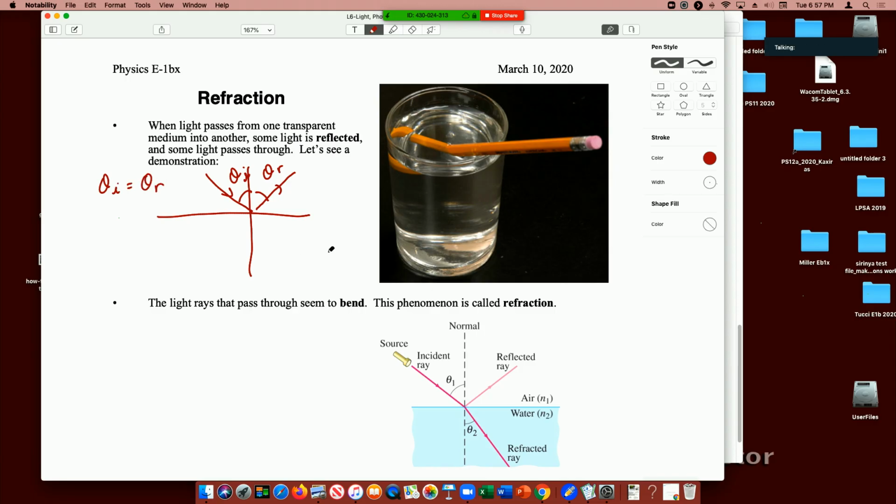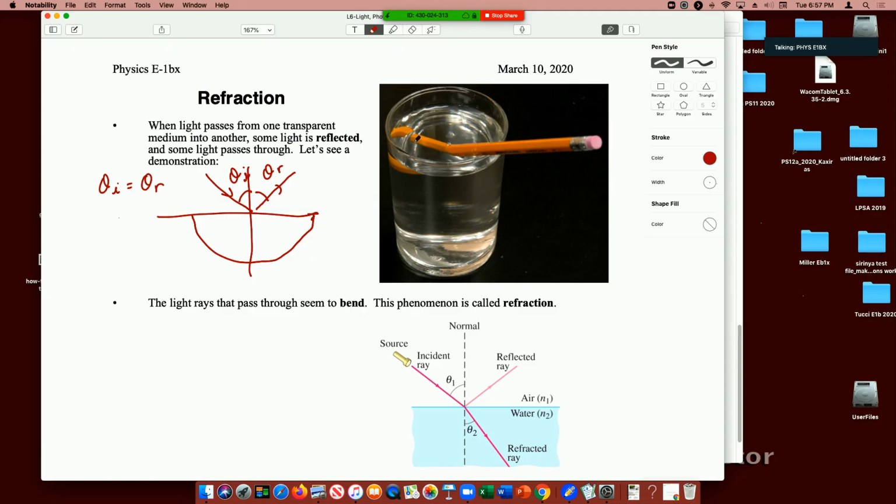But some of it is going to pass through. Let's draw the situation with the demo. I've got this clear acrylic block that has a flat surface here. Some of the light is getting reflected back that way, but some of it is passing through, and you can see that it bends when that happens.